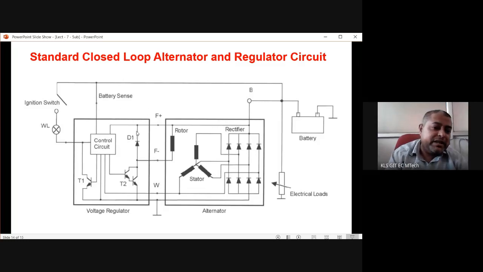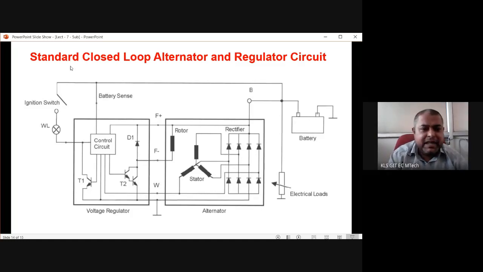And this is the regulator. Here it is not a Zener regulator, but some other transistor based regulator. This output is given to the warning light, and this is going to the ignition switch. So we start this process first. As soon as this is connected, the alternator field is getting some supply. The stator starts producing some electricity, and that is converted to DC and goes to the battery.